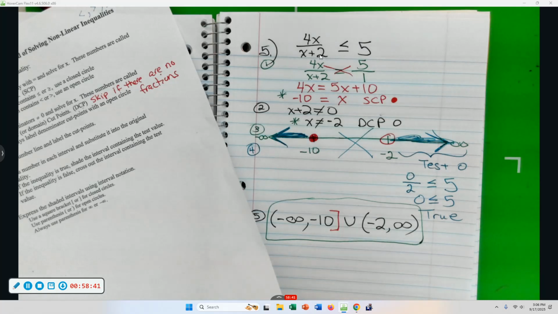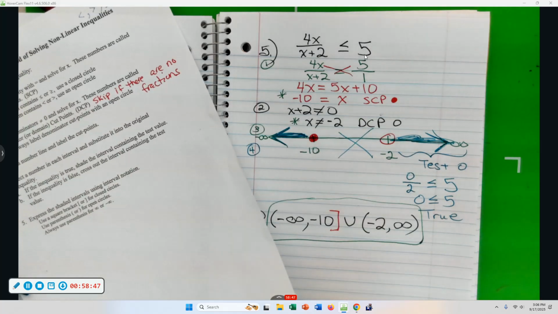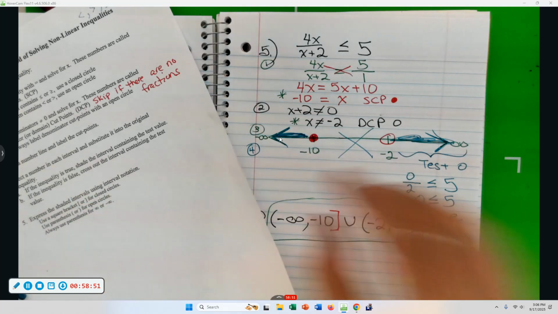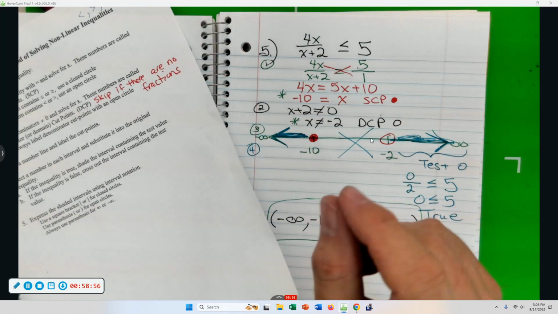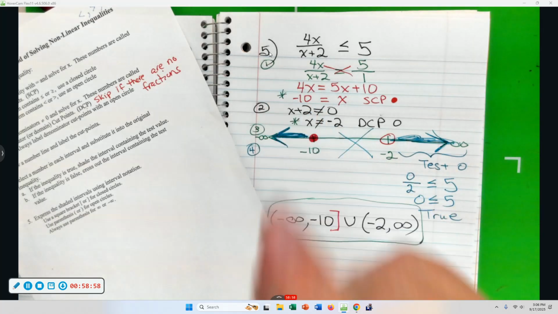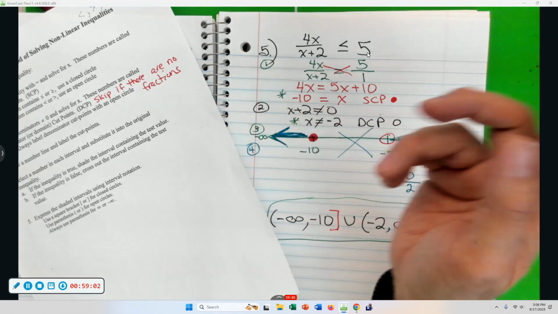Every other number is either less than or greater than, and you can't change. Think about going from small to big. You can't just go on the number line. You have the negative numbers, you have the positive numbers. What's right there in the middle? You can't skip over that. 0. So it either has to be equal to, or not a number.